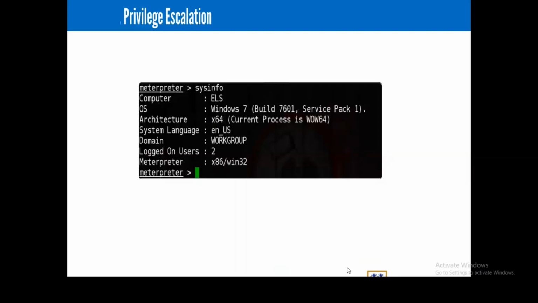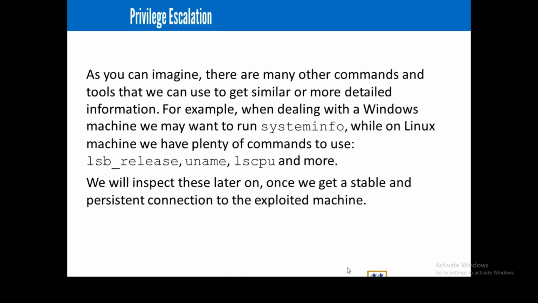Now that we've gotten the privilege escalation, you can try the same thing on Windows 7, or you can do some customization if you couldn't gain a shell with the Python scripting.